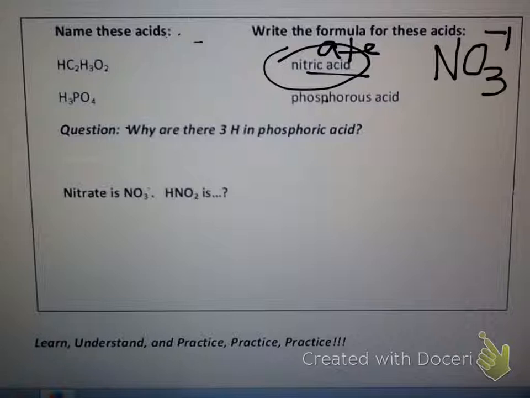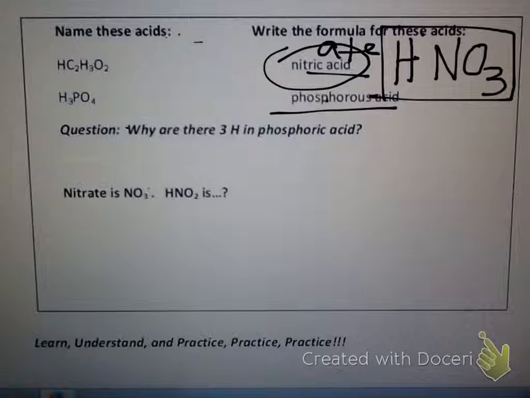If we want to make the acid, we're going to use the proton, H+, the hydrogen ion. How many hydrogen ions do we need? Well, we only need one because we have the negative charge and the positive charge. So nitric acid balanced is HNO3. That's all it is.